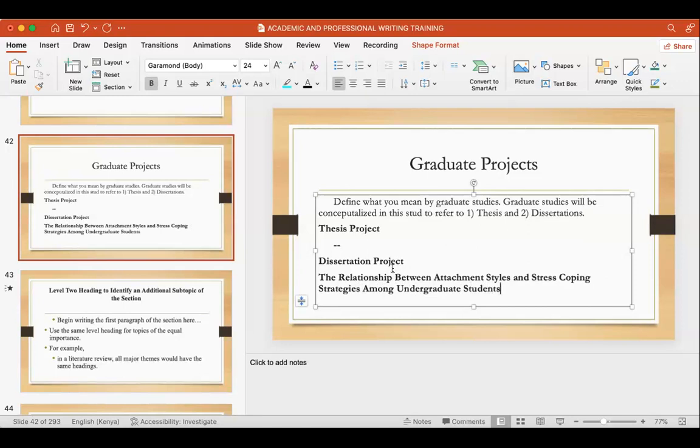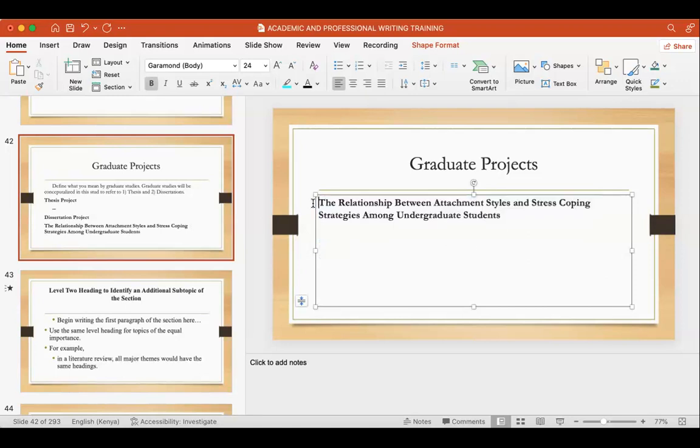Okay, so what do we have here? The keywords here. So what we are saying here are attachment styles affect coping strategies. So this is the independent variable. Is that what you are saying?